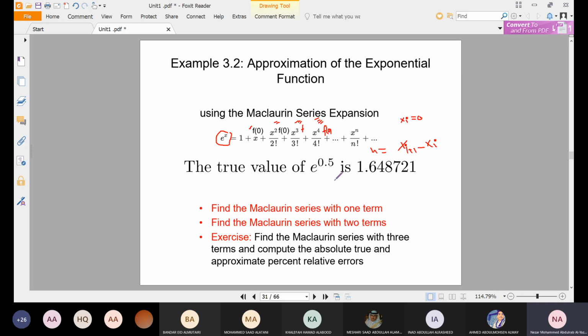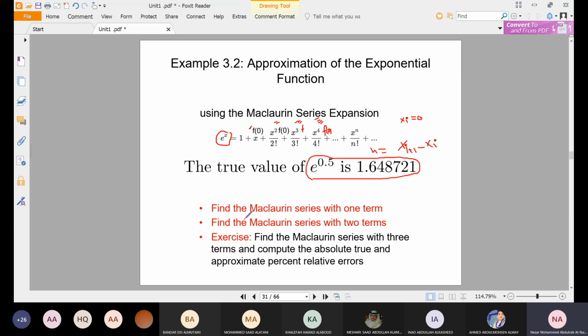If we have the true value of this function, for example, here we want to estimate the value when xi plus 1 is equal to 0.5. So in this case, the true value that we have is 1.648721.